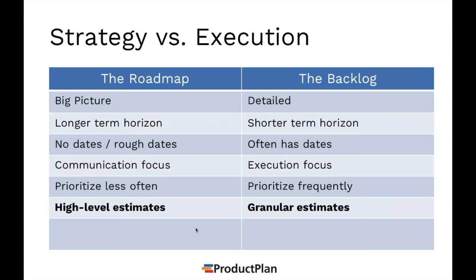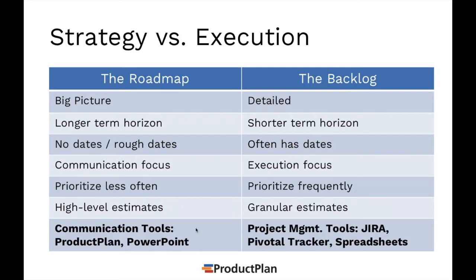For every item you have on the roadmap, you may have dozens of stories and tasks associated with it in the backlog. By that nature, the estimates need to be more granular. A lot of you are using story points, for example, maybe the Fibonacci scale to assign story points to the relative effort level for every item in the backlog. So those estimates tend to be much more granular.